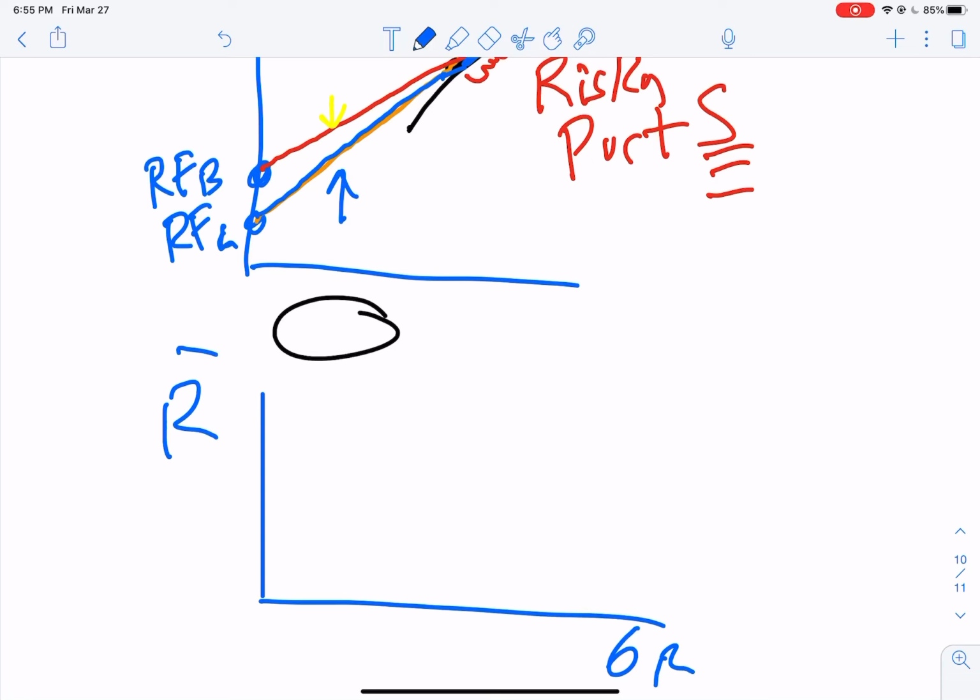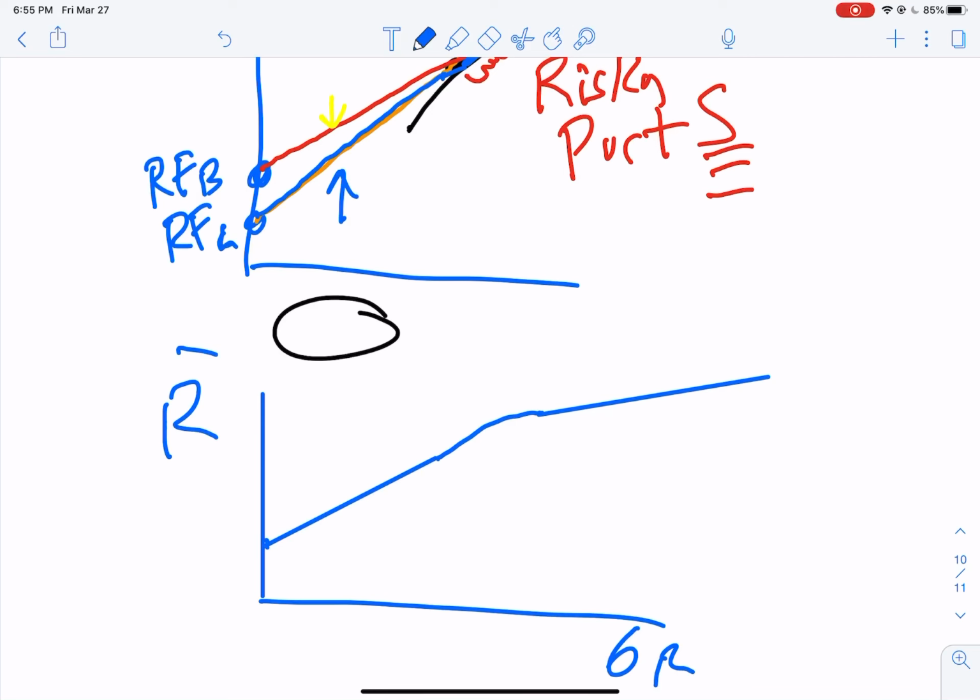A curved line segment, and then a less steep straight segment. And there we go. And that's what the efficient set looks like when we consider different borrowing and lending rates for the risk-free side of our portfolio.